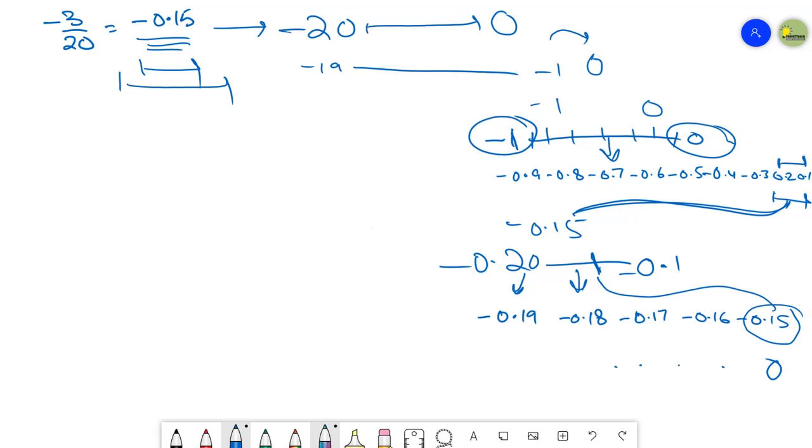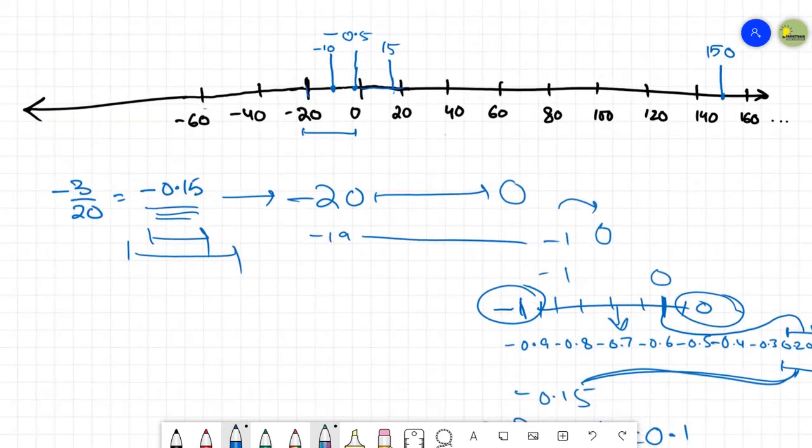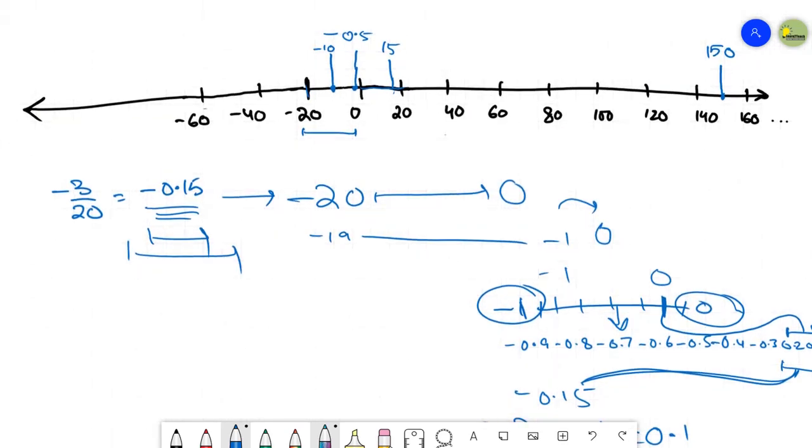And we know that minus 0.2 and minus 0.1 are going to be where? Somewhere over here, very close to 0. We have already plotted minus 0.5, very close to 0. Let's suppose this is your minus 1, this is your minus 0.5, then can you imagine where minus 0.1 will be?